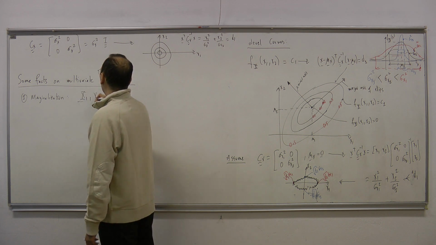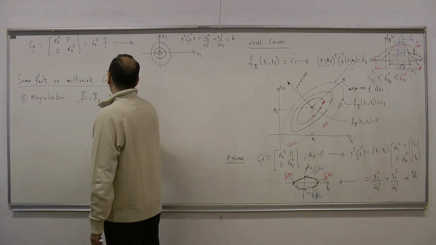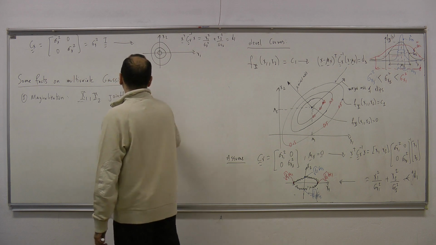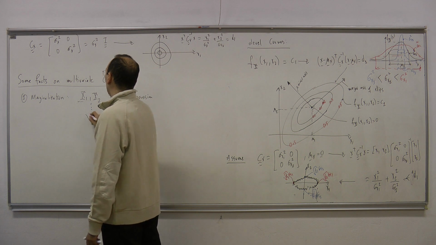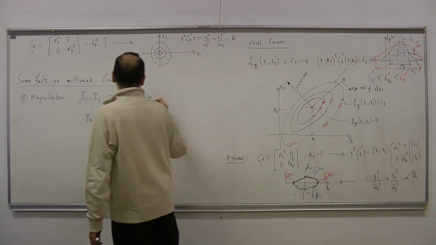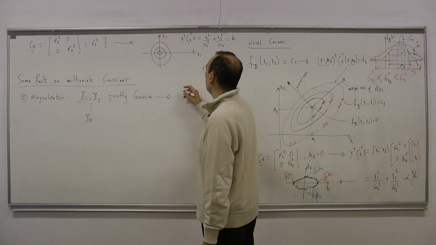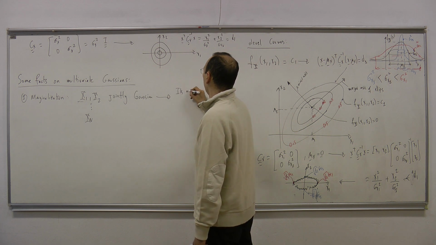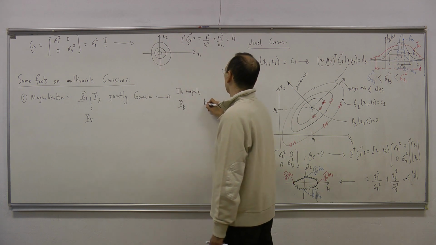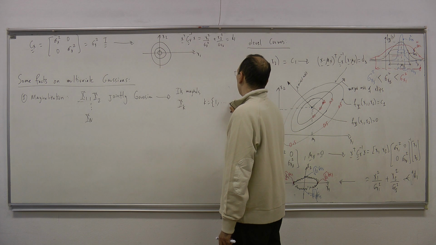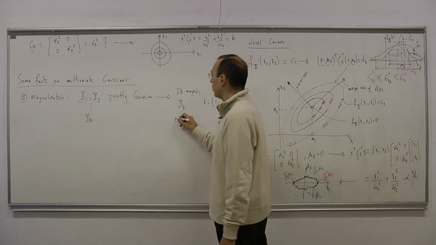If x1, x2 are jointly Gaussian, or let me say if all xn are jointly Gaussian, then its marginals xk, k from 1 to n, are also Gaussian.